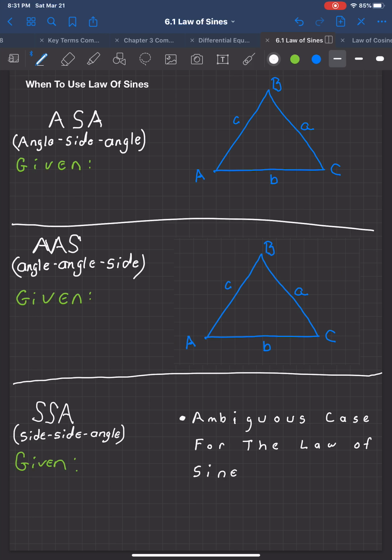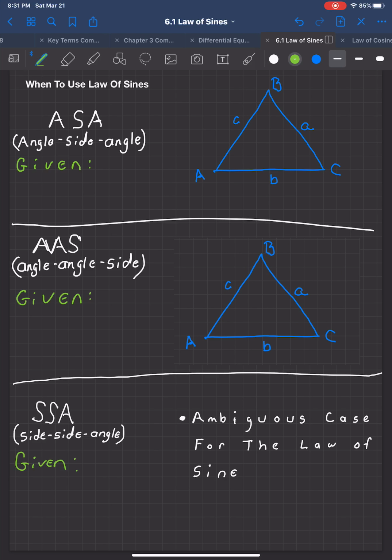We can approach it the way we've been training so far. But the first scenario where you may need to use the law of sines is if your triangle takes on the form of what we call ASA, or angle side angle.